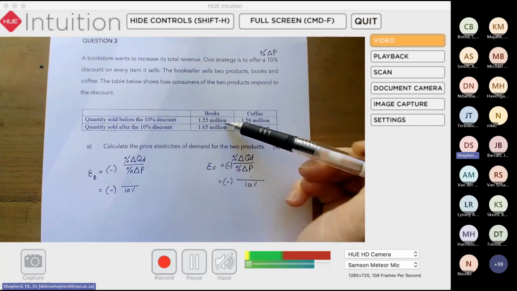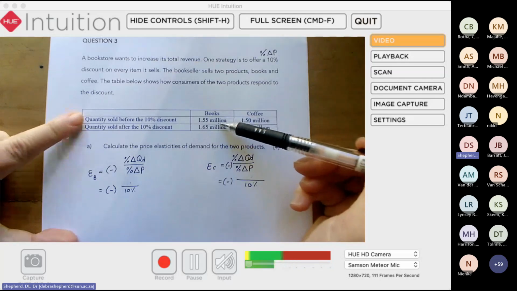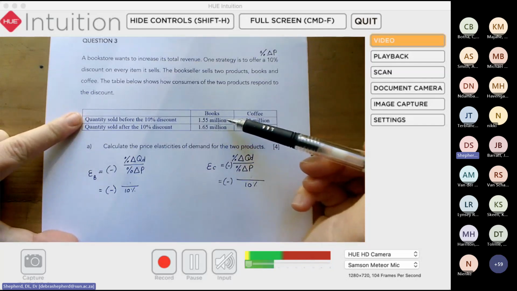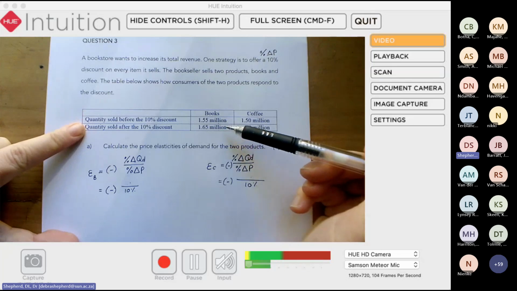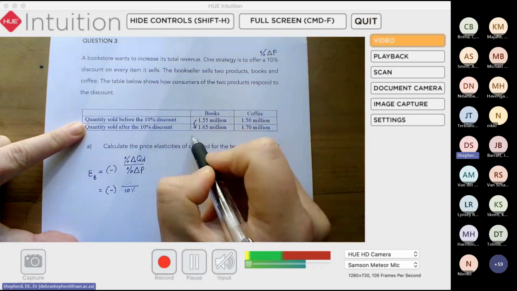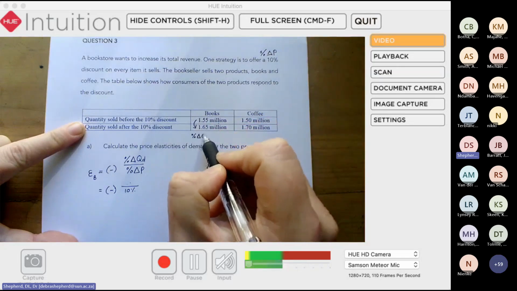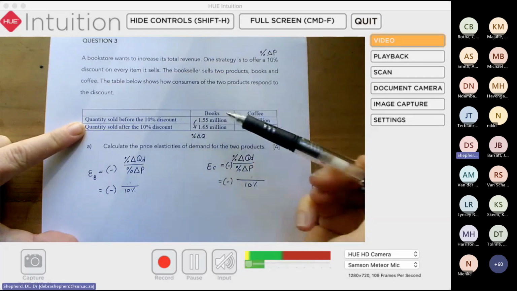So what this table tells us is that before the price discounts, so at the original price, 1.55 million books would be sold. After the price discount, 1.65 million books would be sold. In other words, what we can do is calculate the percentage change in quantity when this price discount applies.